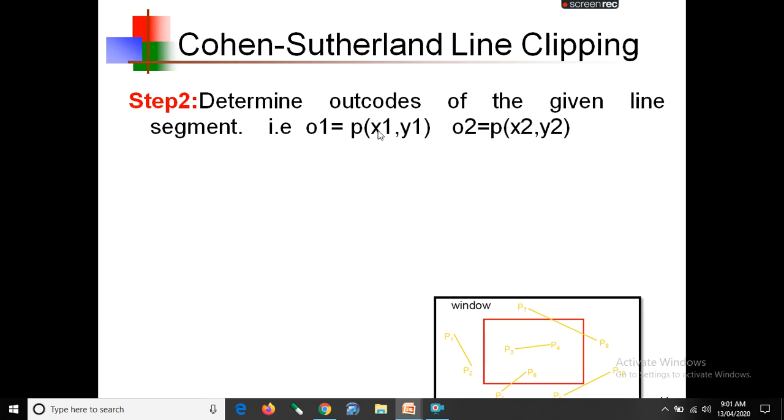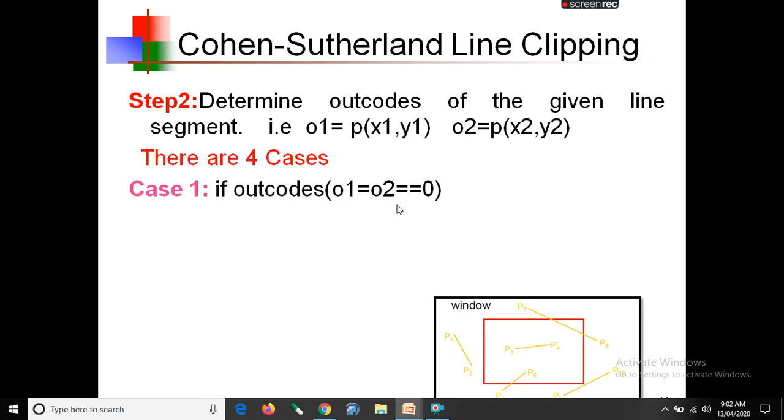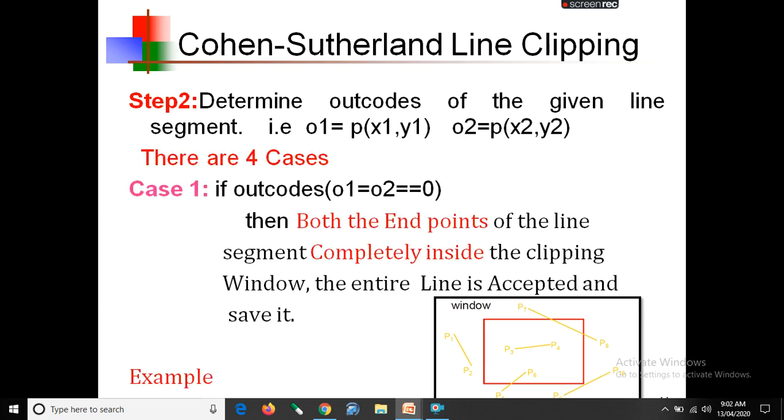I am assigning O1 to represent the output of the first point P1 and O2 to represent the output of the second point P2. So we are assuming O1 and O2 are the outputs of the given line segment. In step 2 we have four cases. We'll discuss them one by one.